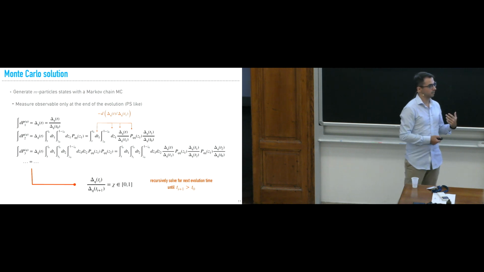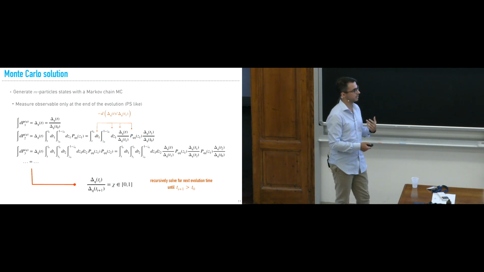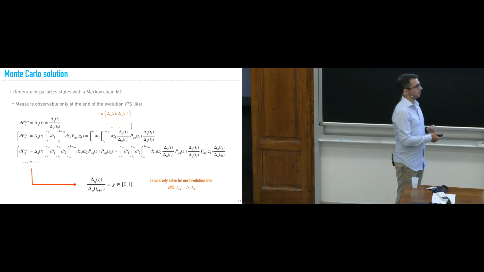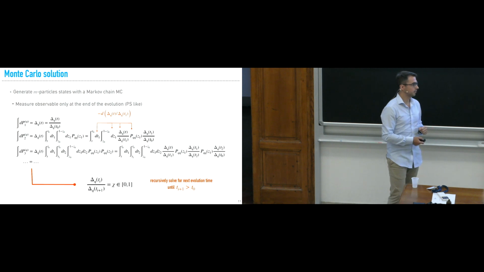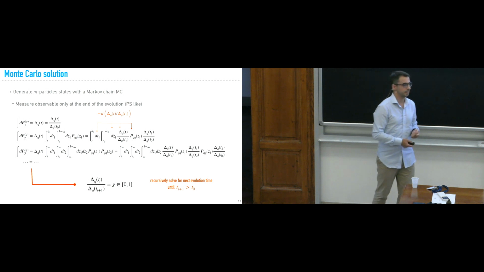So this is a simple Markov chain problem, and by noticing that the emission probability is just organized in terms of total derivatives, you can map this problem, the resummation of this series, into this very simple Sudakov problem where you solve the ratio of Sudakovs evaluated at scales t_i and t_i plus 1 equal to a random number between 0 and 1 for the next evolution time t_i plus 1 that tells you where the next emission is going to happen. You just solve recursively until the scale of the new emission goes above the collinear cutoff, okay?